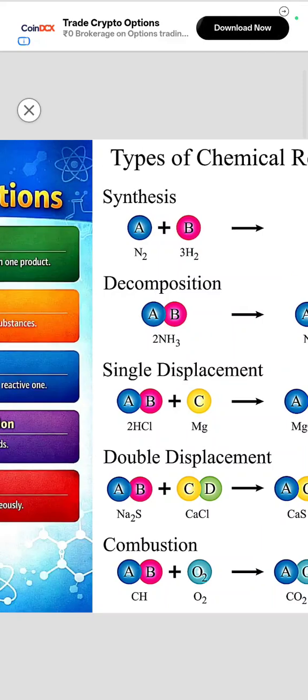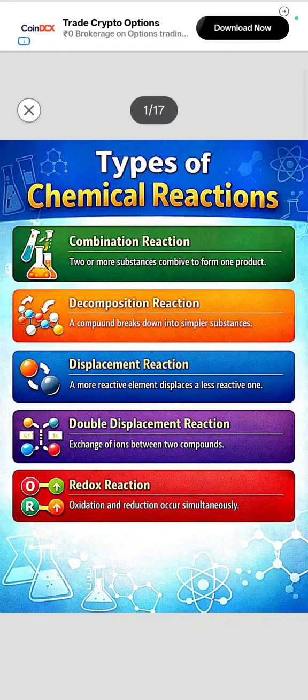The second one is decomposition reaction. From the word decompose, the meaning of the word decompose is breakdown. Something will break down. The breaking down of a compound to form simpler substances takes place in this reaction.